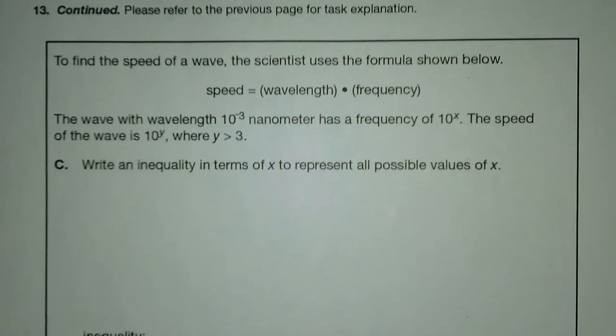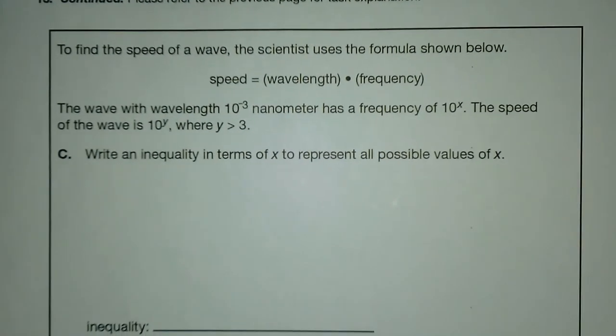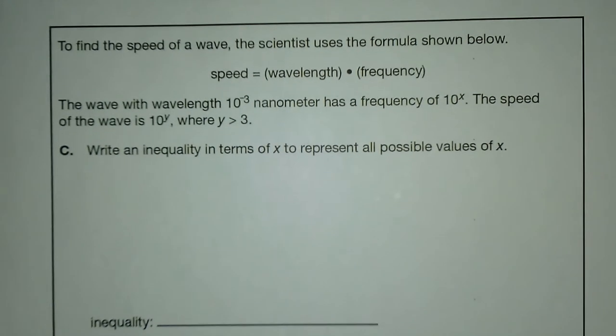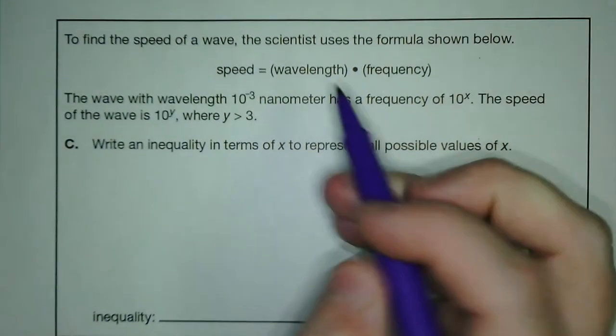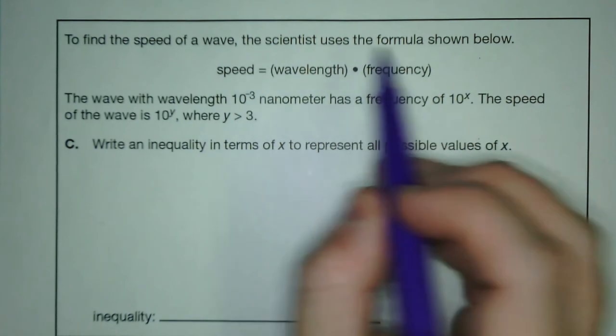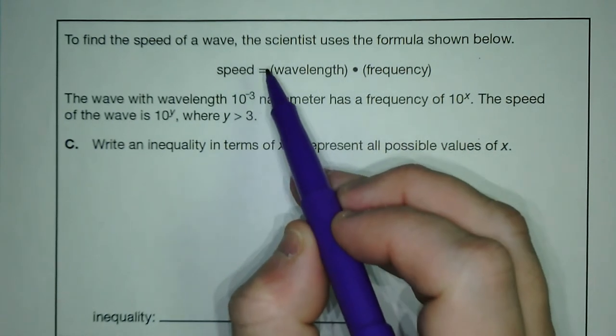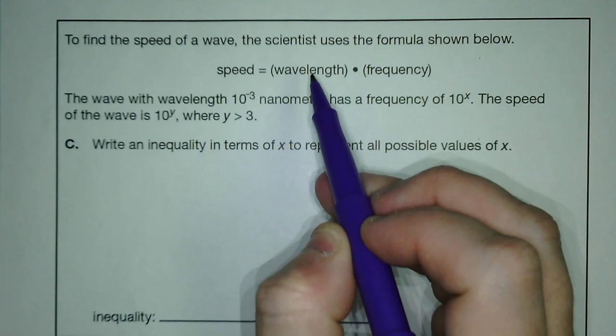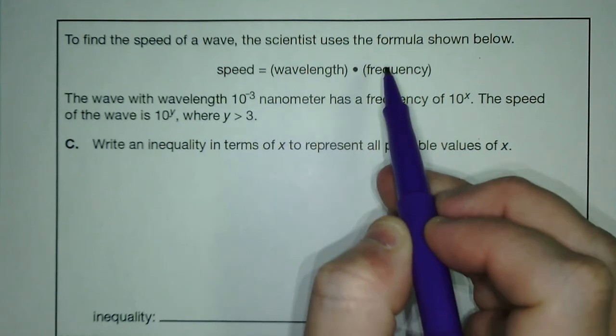To find the speed, okay, looks like we're changing gears here a little bit. To find the speed of a wave, the scientist uses the formula shown below. So speed is going to be equal to the wavelength times frequency.